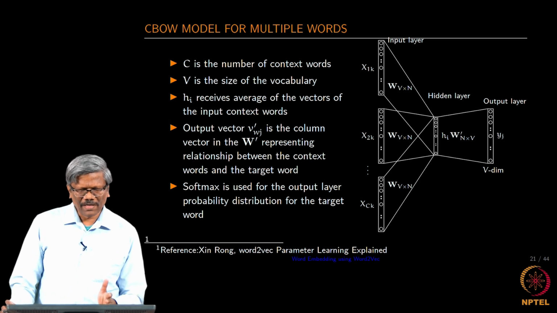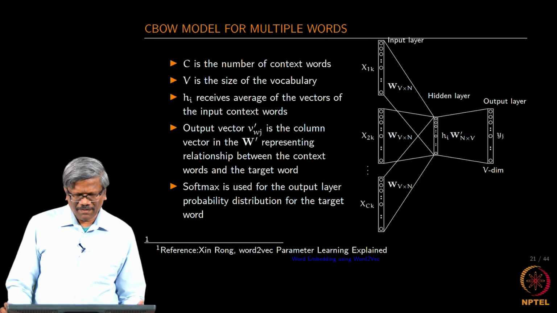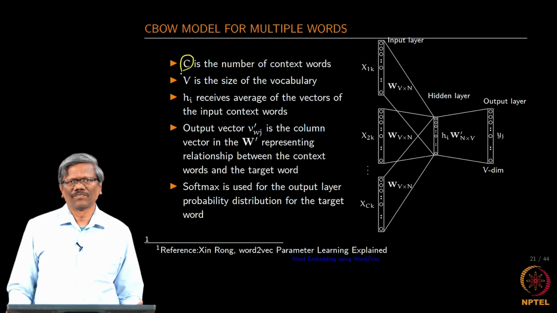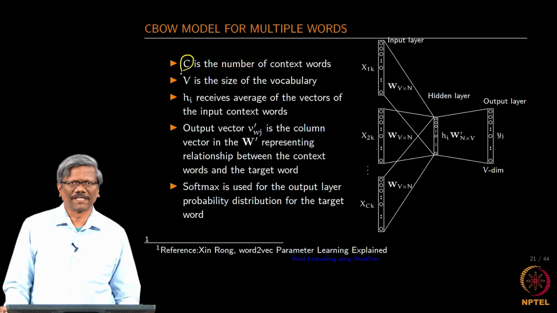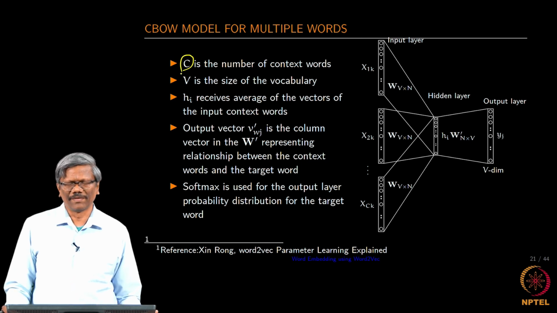So, now let us look at this multiple words model. In this case, we are going to be taking more than one word as a context word. C is the number of context words and V is the size of the vocabulary, which can vary from 10 to 1 million depending on the size of your corpus.